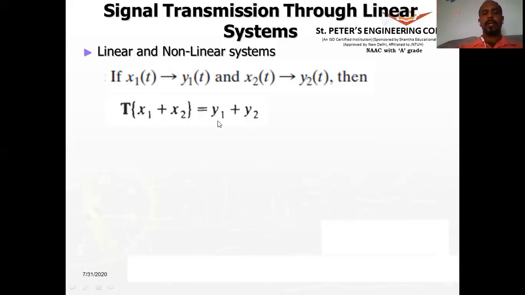If it gives a result which is other than this y1 of t plus y2 of t, then it is called a non-linear system.